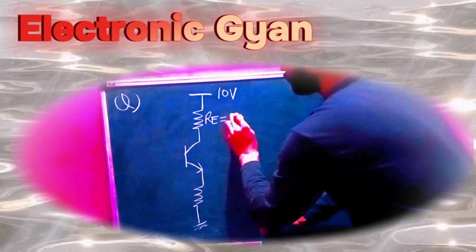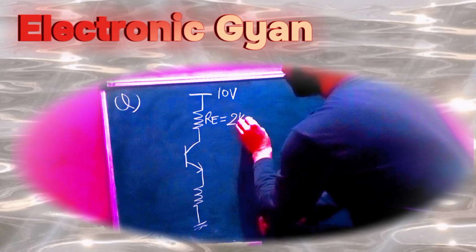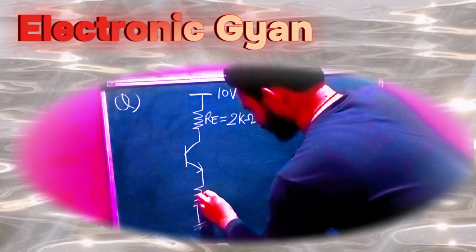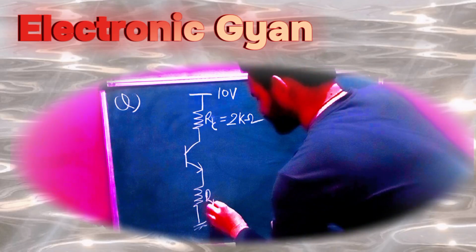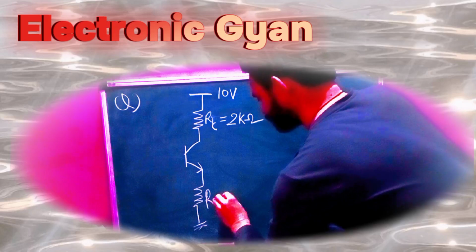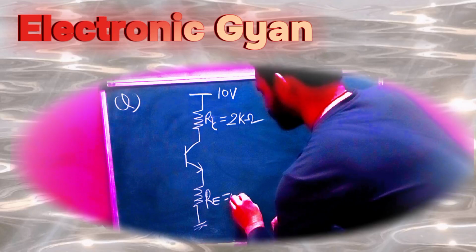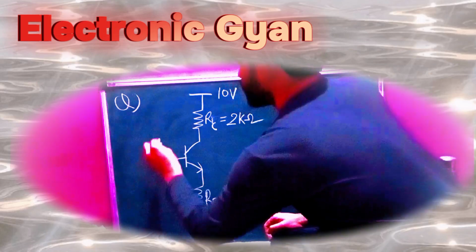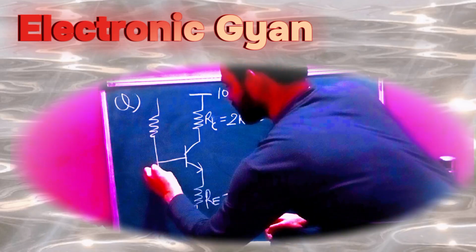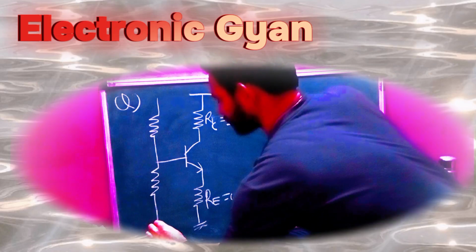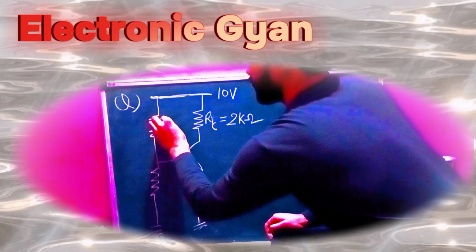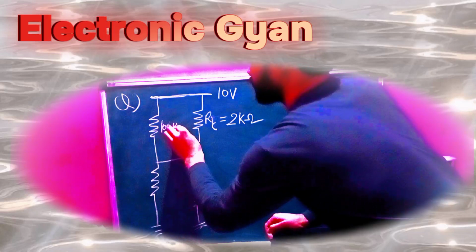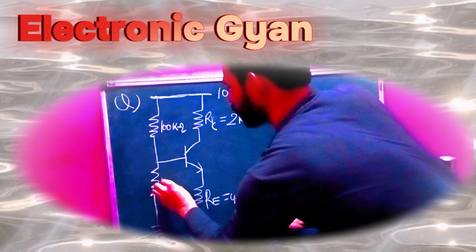This is my collector resistance of 2 kilo ohm, and this is my emitter resistance of 4.3 kilo ohm. Here is my base, and these are the biasing resistances connected with this supply. Each is 100 kilo ohm.